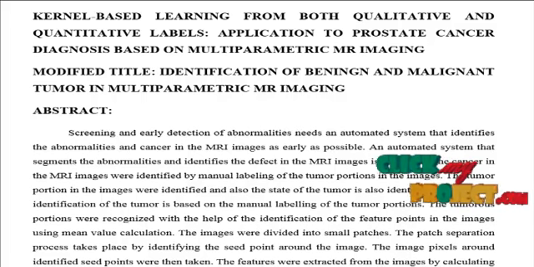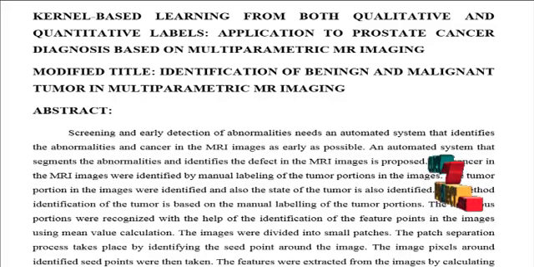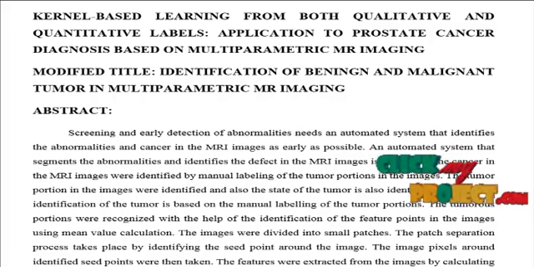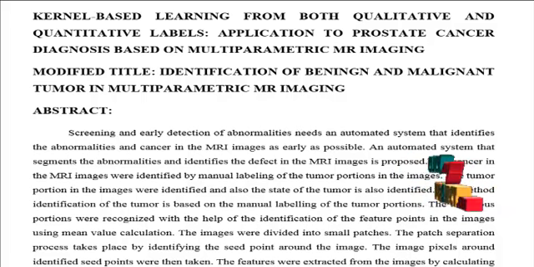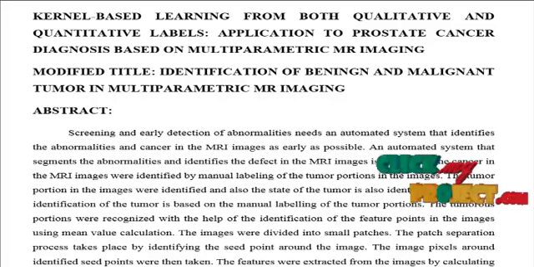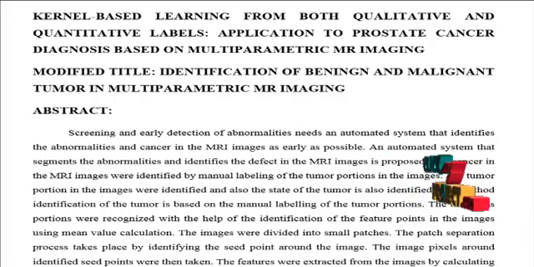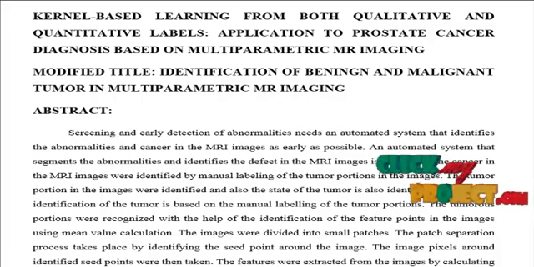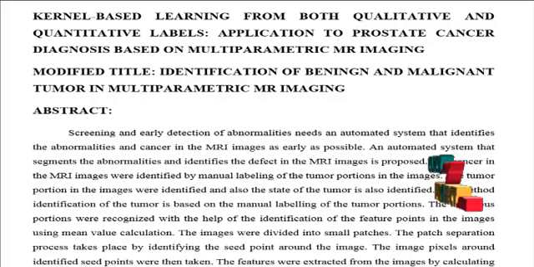Screening and early detection of abnormalities needs an automated system that identifies the abnormalities and cancers in MRI images as early as possible. An automated system that segments the abnormalities and identifies the defects in MRI images is proposed.